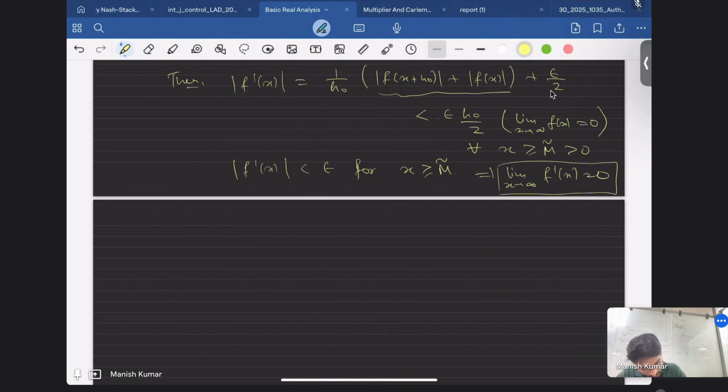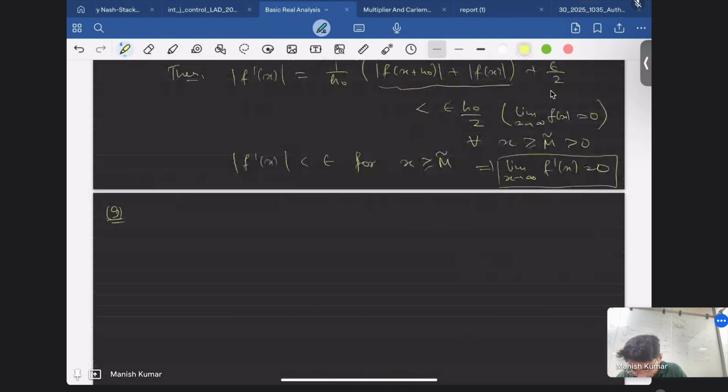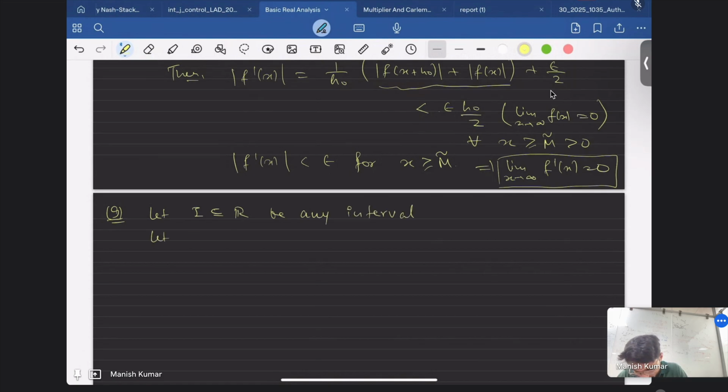Okay, so let I, a subset of R, be an interval, and let f from I to R be strictly monotone. So strictly monotone will make it injective.